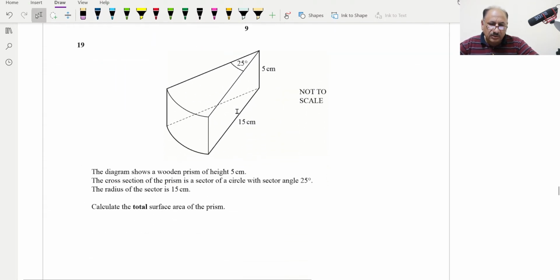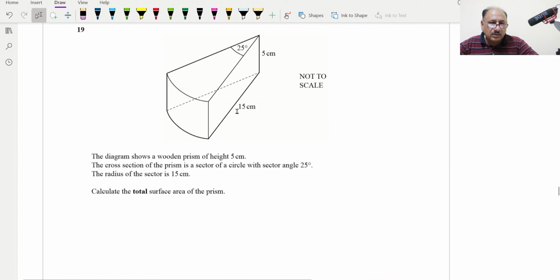Then question number 19 says, diagram is not to scale. The diagram shows a wooden prism of height 5 centimeter. The cross section of the prism is a sector of the circle with the sector angle 25. The radius of the sector is 15. Find the total surface area.